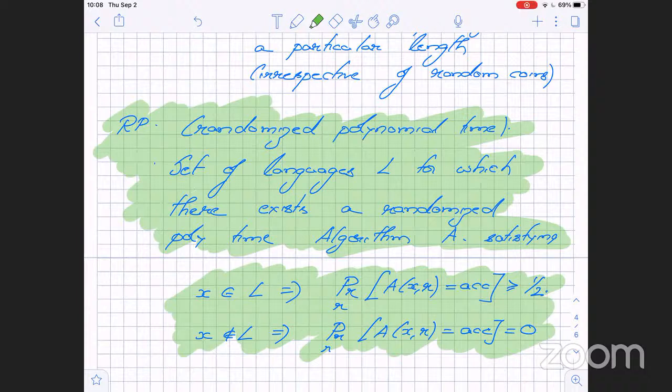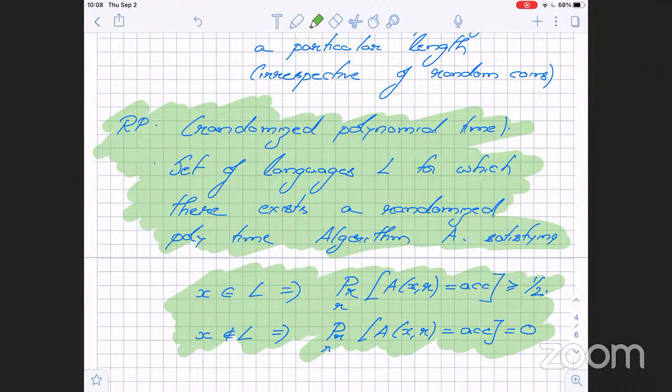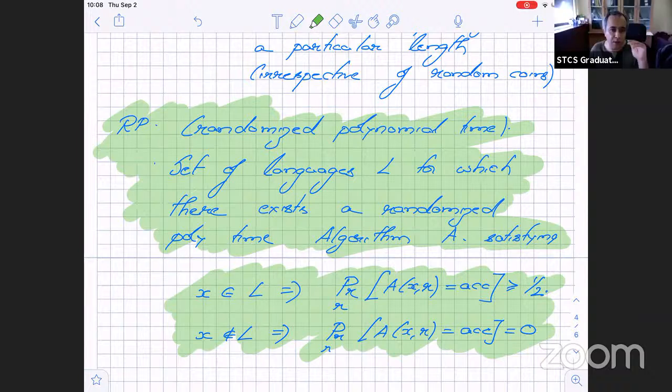The running time of these algorithms is upper bounded by some polynomial in the input length. That's what I mean when I say it runs in polynomial time. It's a fixed polytime in terms of the input length. And because of that, the amount of randomness is also polynomial, because in polynomial time it can't read more than a polynomial number of random bits.